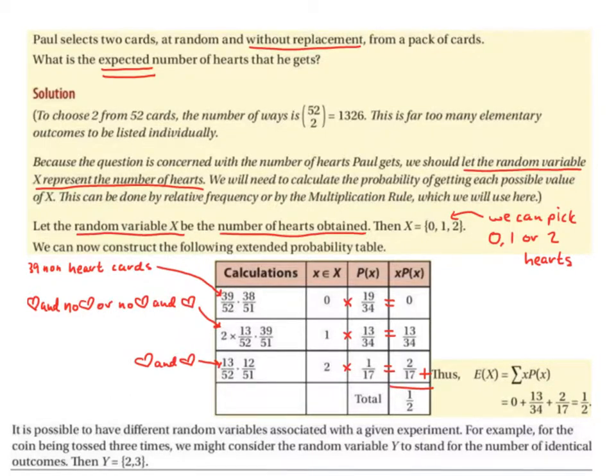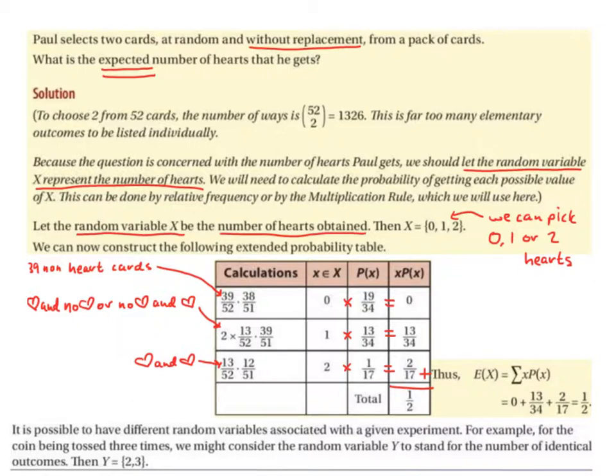And if we've taken one out and not replaced it, then there are 38 non-heart cards left and only 51 cards altogether left. 39 over 52 times 38 over 51 gives us 19 over 34. And 0 times 19 over 34 is 0. So this is our x value multiplied by our probability, and that gives us 0.